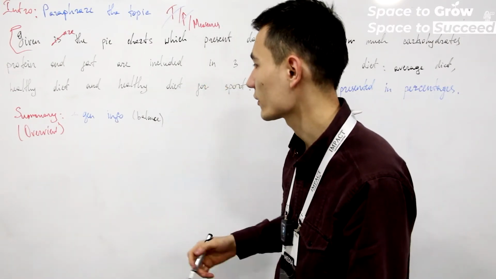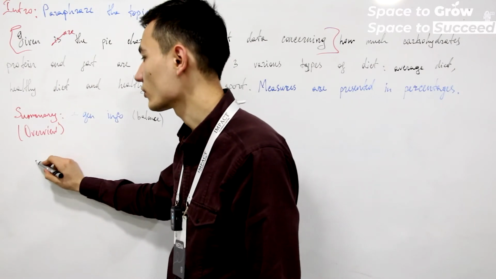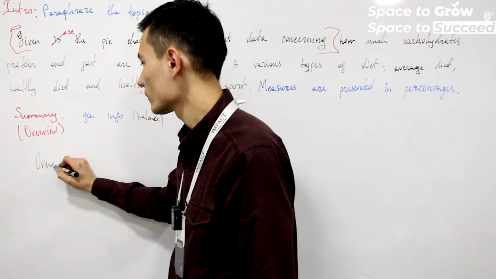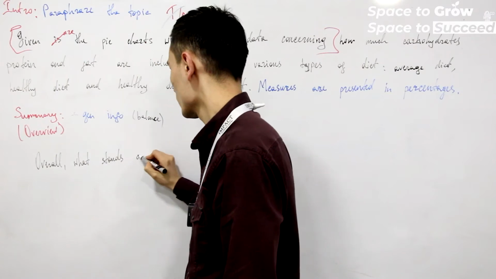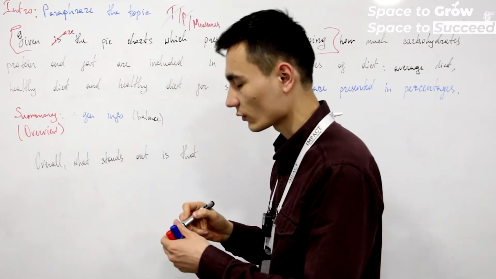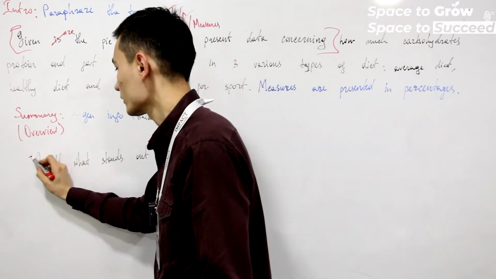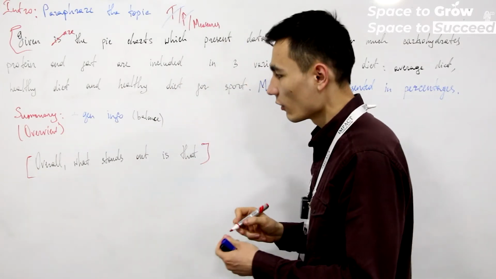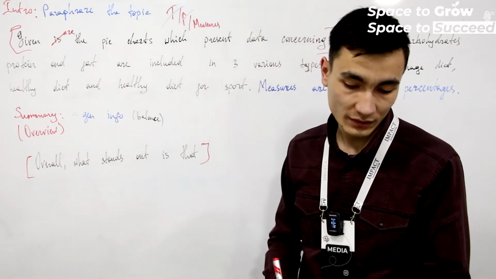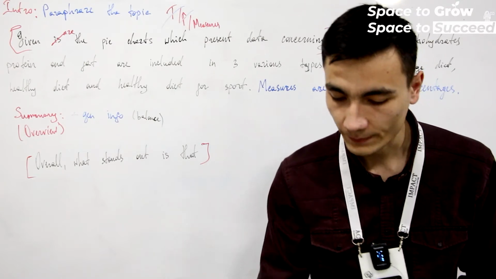Let's try to give it together now. We give the introductory structure, which is "overall". This is the structure that we use. Overall, and we just continue. You just say, well, what stands out here?